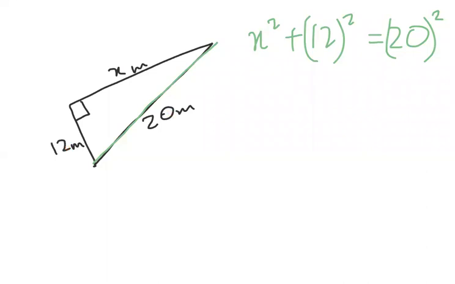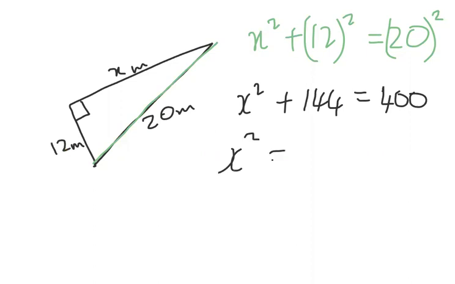And now you just work out the sum. 12 squared is 144. 20 squared is 20 times 20. That is, what's that, 400. Then x squared equals 400 minus 144. 400 minus 144 is 256.